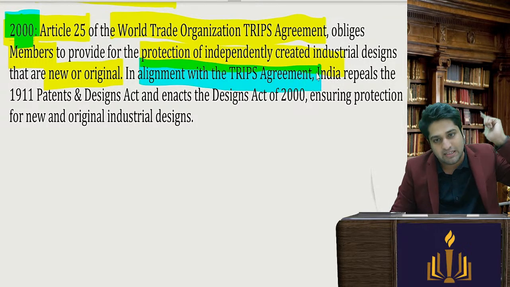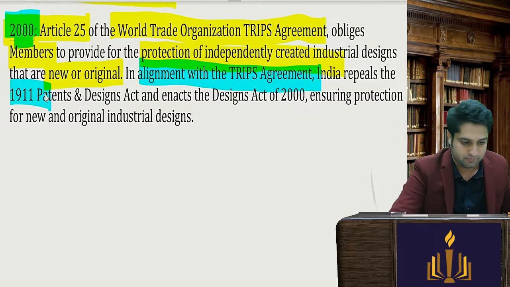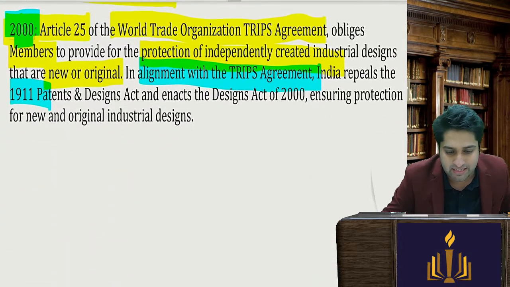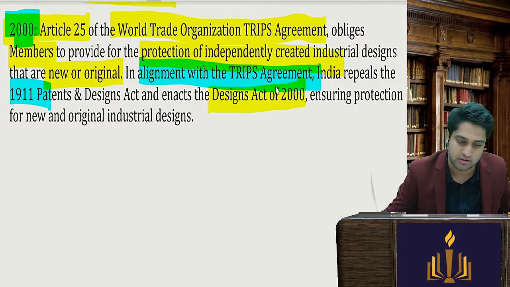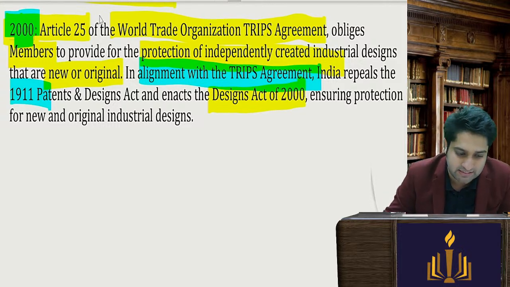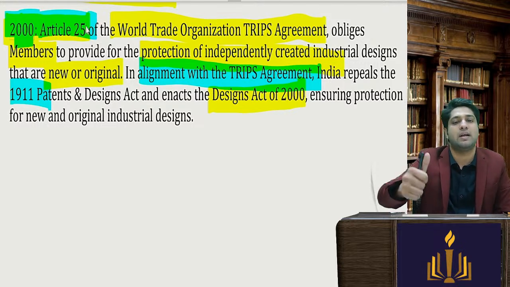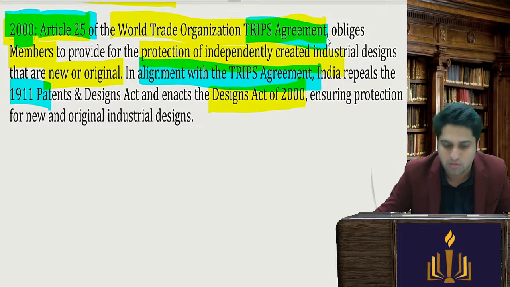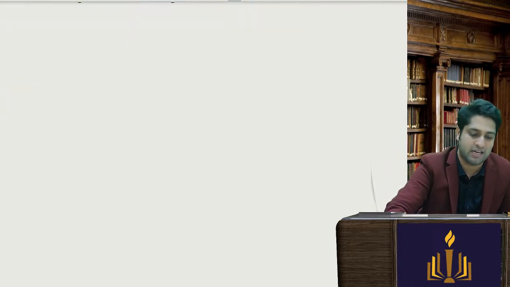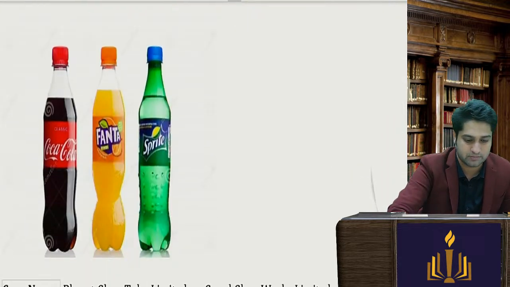So India repealed its previous law of 1911 and enacted the Designs Act 2000, which was in line with the TRIPS agreement. So I hope these three keywords are set: Article 25 of the TRIPS agreement, pursuant to which the 1911 law was repealed and the Designs Act 2000 came into force.